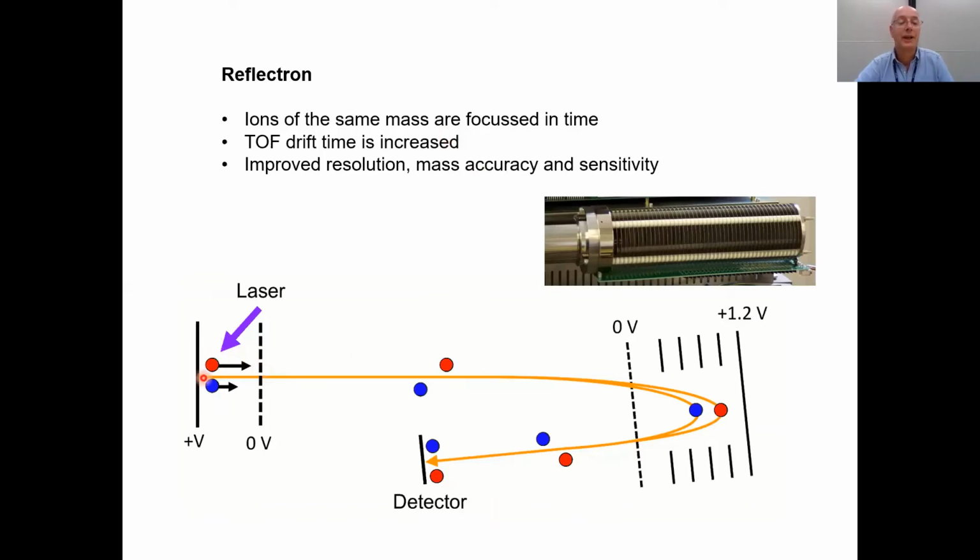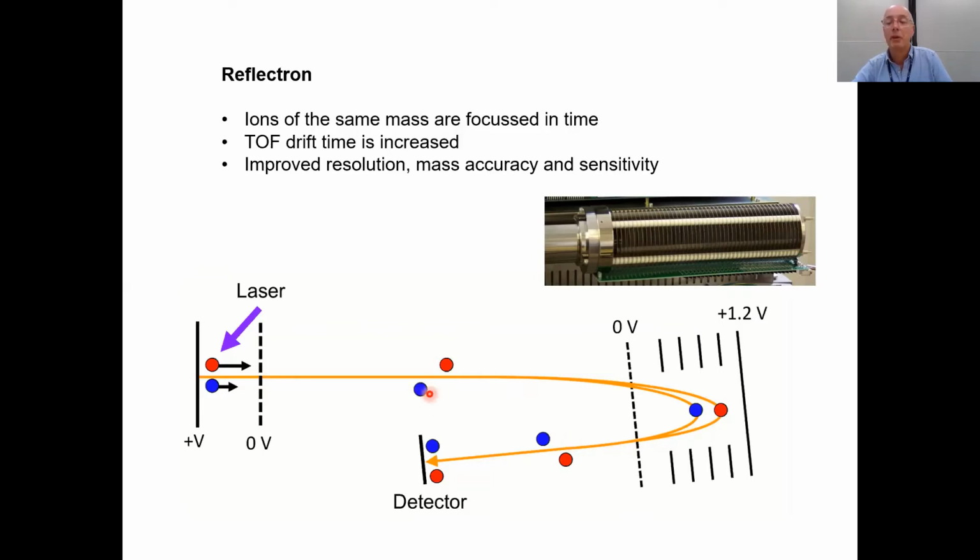If we imagine again, we have two ions of the same mass, but traveling at different velocities. So the red ion is traveling slightly faster than the blue ion. As they travel down the drift tube and enter the Reflectron, the faster moving red ion has more kinetic energy, and that will pass further into the Reflectron before it slows down, it stops, and then it reverses and accelerates back out.